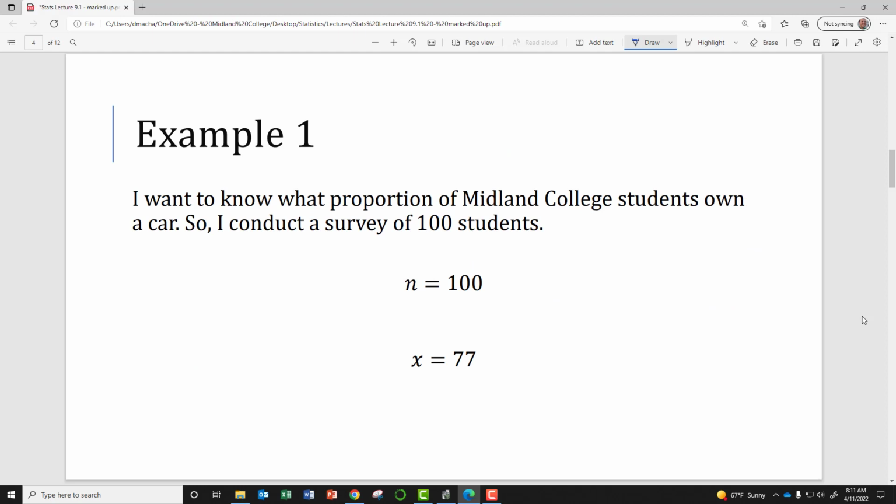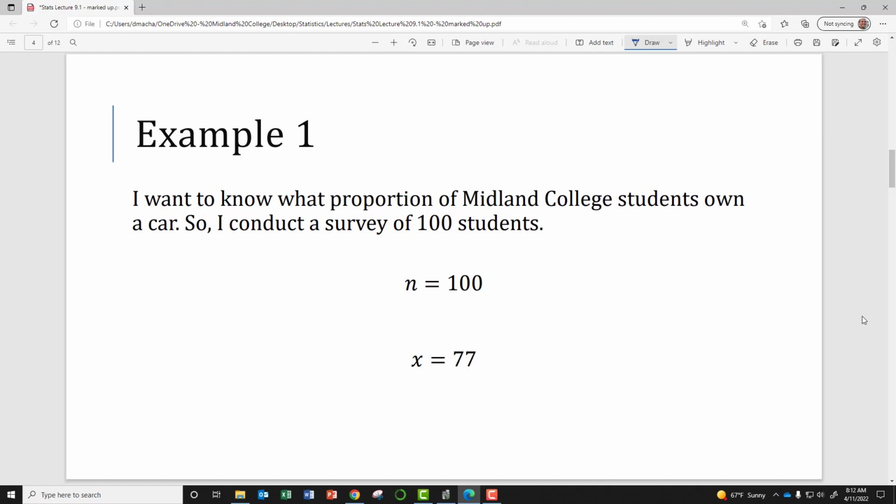So here's an example. Suppose I want to know what proportion of Midland College students own a car. And so what I'm going to do is conduct a survey of 100 students. My survey size is 100 students, so n, my sample size, is 100.